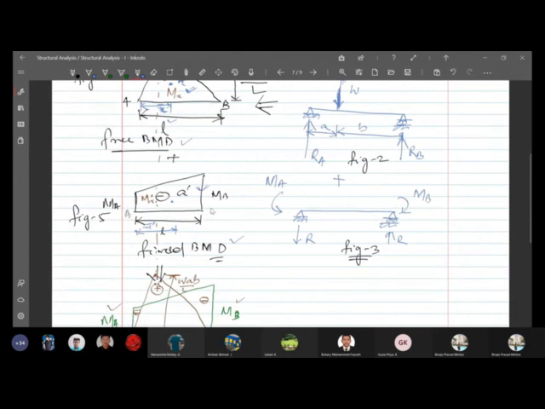This is x bar and this is x bar dash. Now we have already proven that x bar and x bar dash are equal.